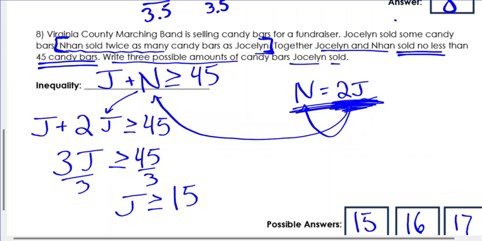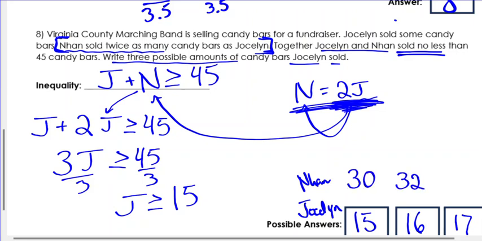And I just want to make sure that this actually makes sense with the question that was asked here. They're selling at least 45 candy bars together. So this is Jocelyn. I'm just going to write Non's amount above that. Non sold twice as many. So twice as many as 15 is 30. Twice as many compared to 16 is 32.